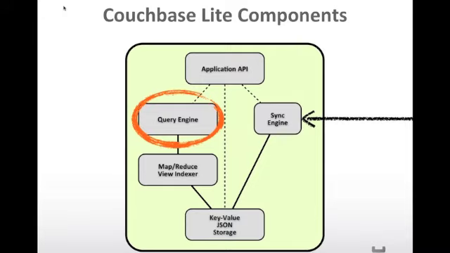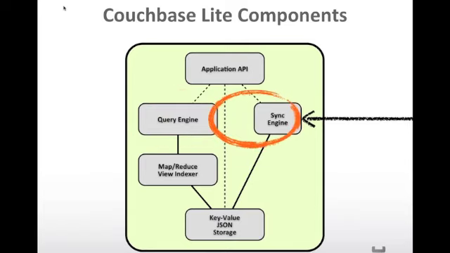Then there's the query engine, which is also similar to Couchbase Server. So the way that the whole overall query model works is that you define these indexes and then you extract ranges out of them. So we'll see a little bit of that in the query example that I show as well. And then, of course, the sync engine, which runs on a background thread so that it doesn't impact your UI performance.